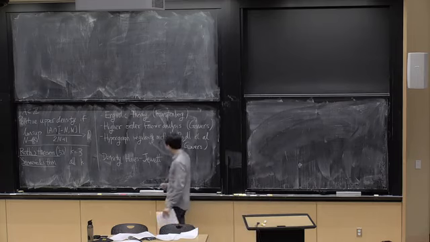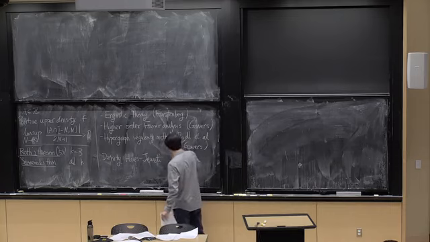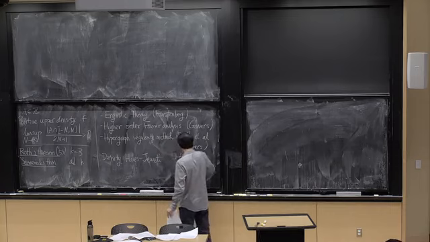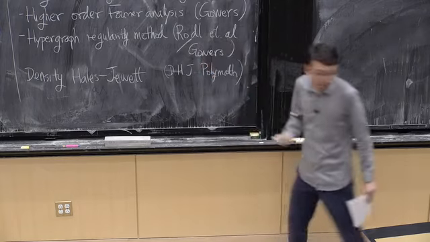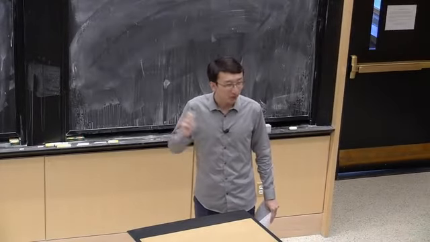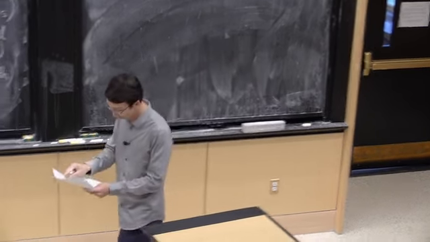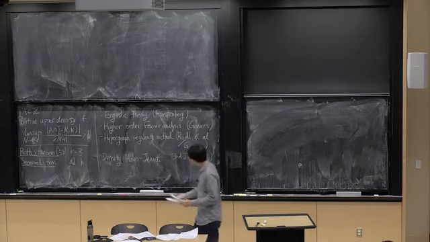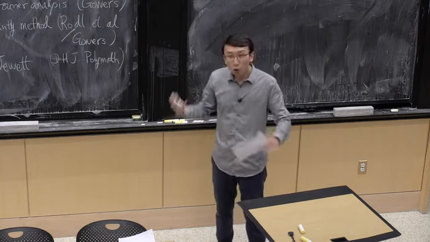And as a result, it's an online collaborative project, so they published this paper under the pseudonym DHJ Polymath, where DHJ stands for density Hales-Jewett, and they kept the same name for all of the subsequent papers published by the Polymath project.